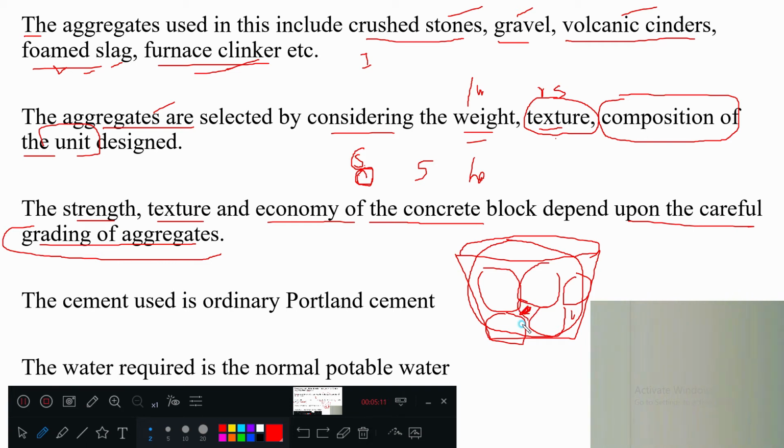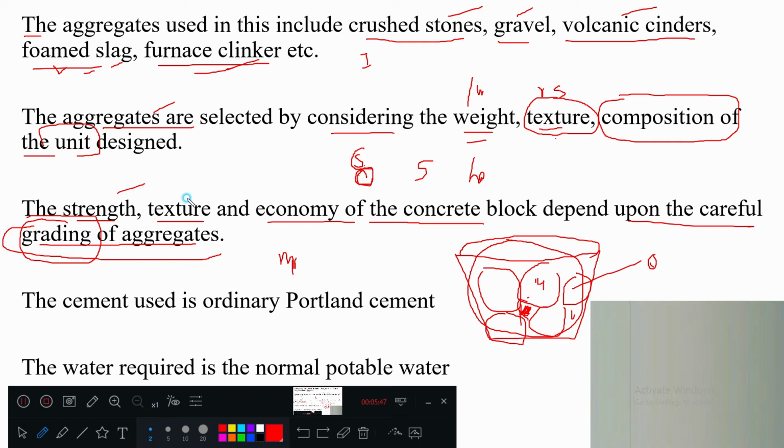Let us say 10 mm. Once you completely fill the bucket with 14 mm aggregate, the voids produced by it will be filled by the lesser sized aggregate, that is 10 mm. So you need to select the composition in such a way that there are minimum voids. This process of selecting the aggregate sizes and their quantities we call grading.